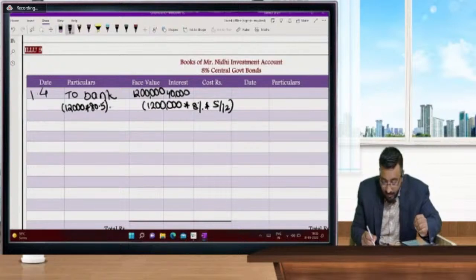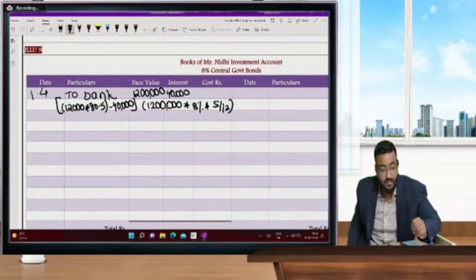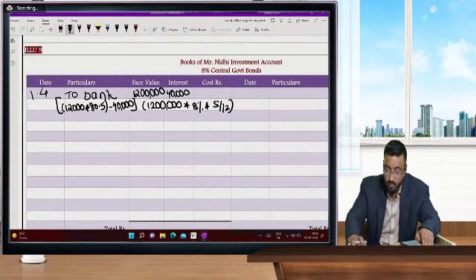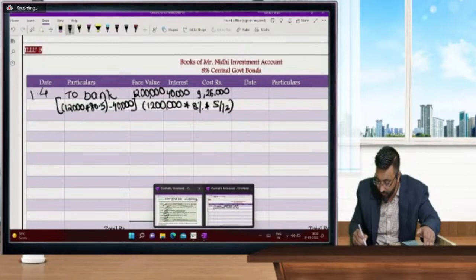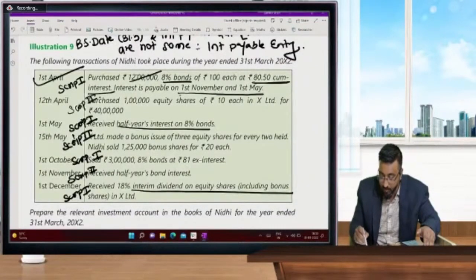Cum interest hai toh. Excluding interest hota toh nahi deduct kiya rehta, cum interest hai toh karenge. Chalo. 9,26,000, ABCD. Next one, interest is payable on 1st November.